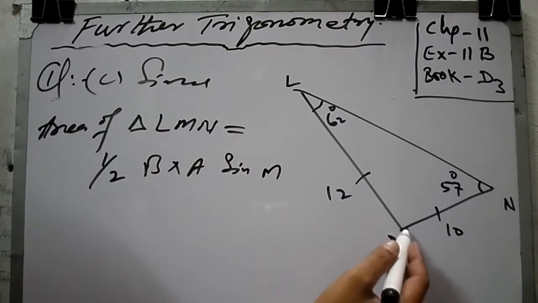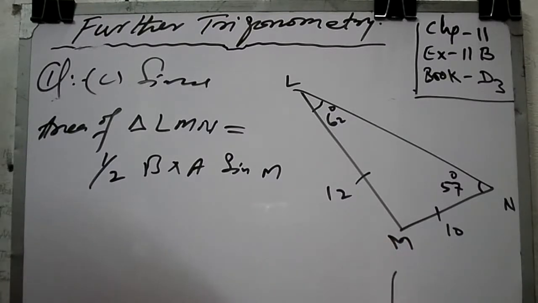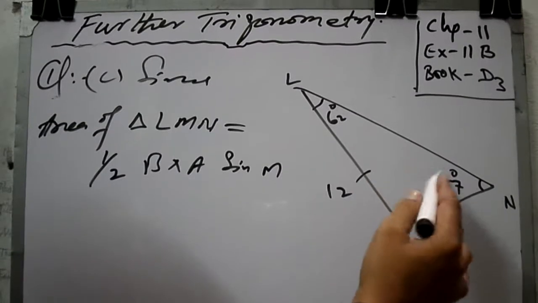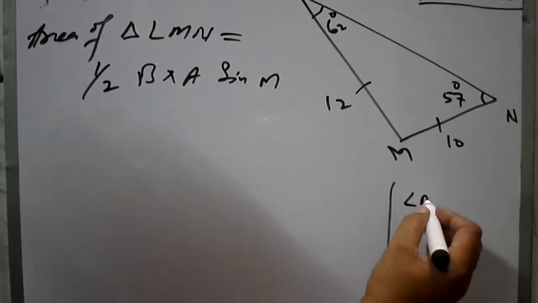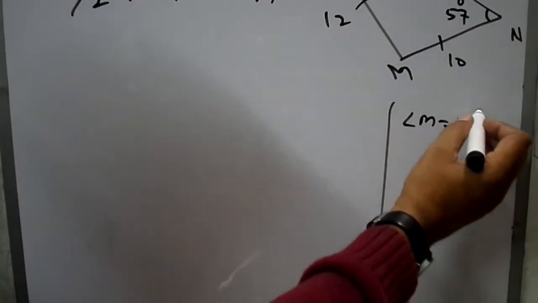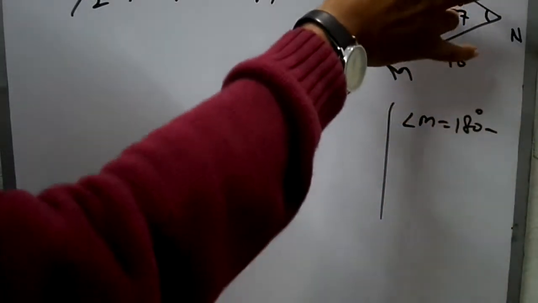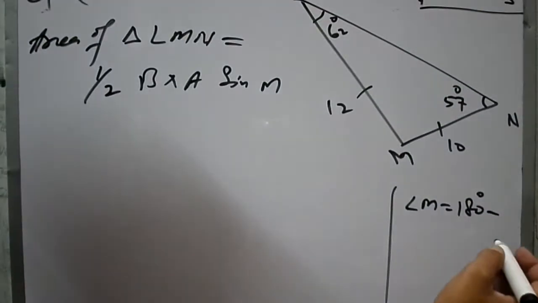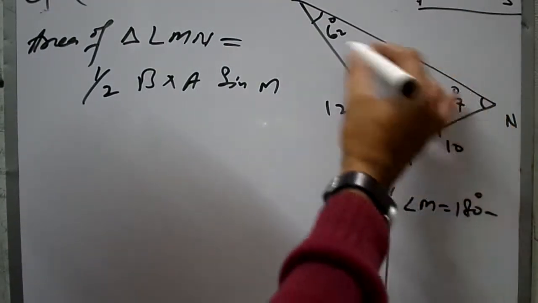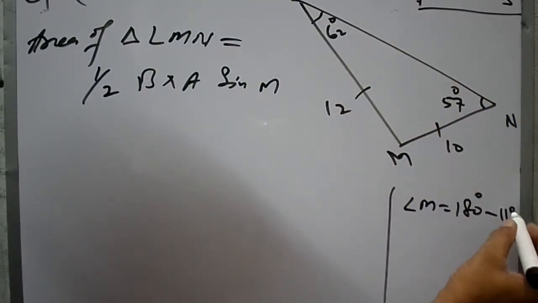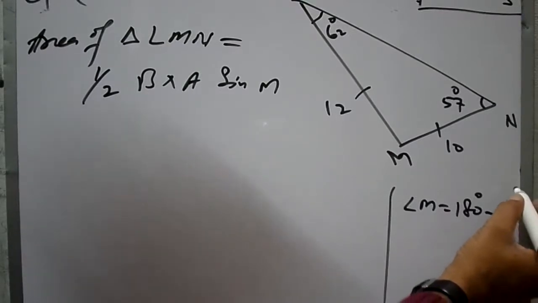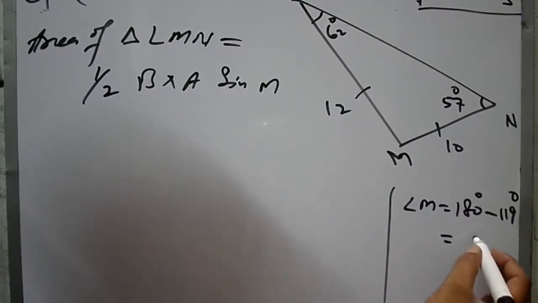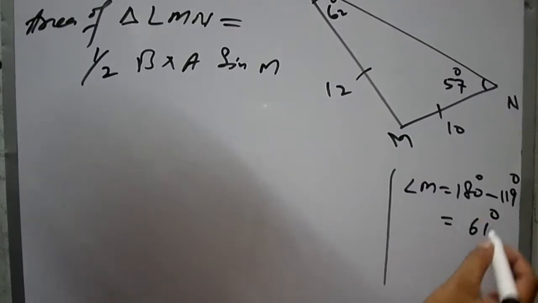So we don't have the value of M, so we have to find it first. How can we find it? The sum of interior angles is 180. So angle M is equal to 180 degrees minus the sum of these two. So minus 57, also minus 62. So you will get 57 and 62, 119. So the angle M is 61 degrees.